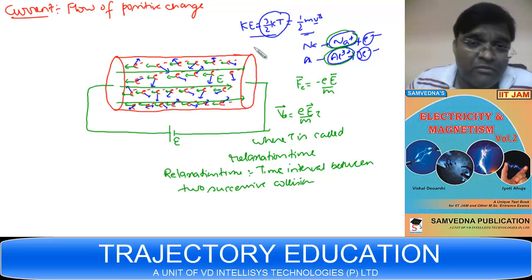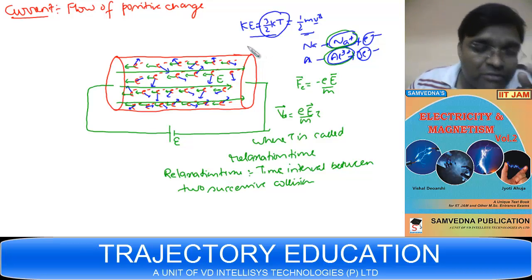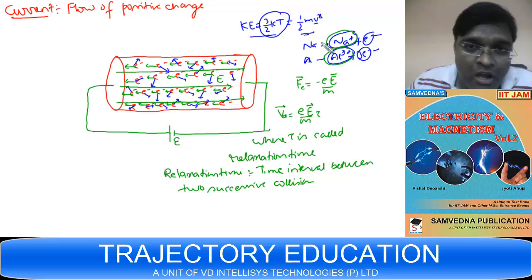Why should it vanish? Has the temperature gone? No. Temperature is still there, so there will still be random thermal kinetic energy. Random velocity draws sustenance from temperature. So as long as the temperature is non-zero, greater than 0, you have the random velocity. So random velocity will be there.